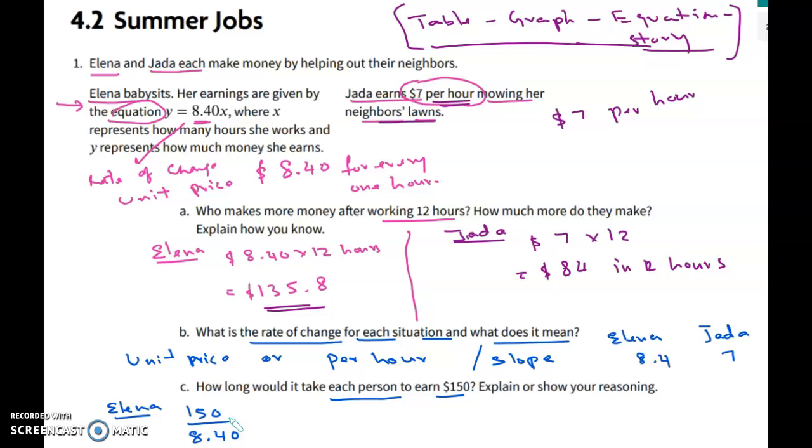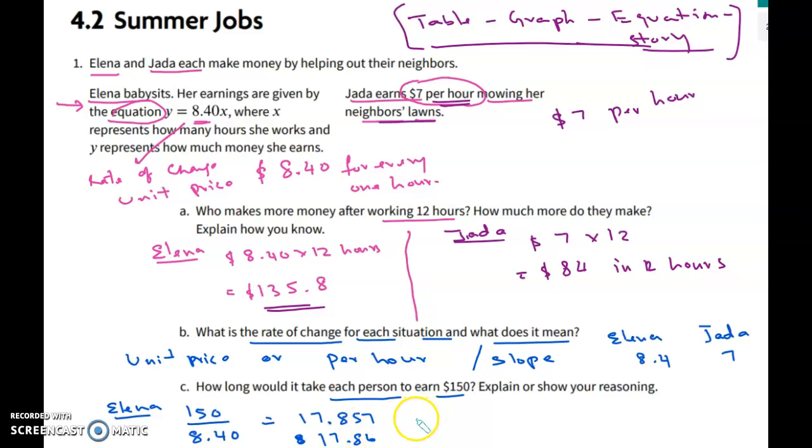Let's divide this so we can see how long it's going to take. It's 17.85, so roughly 17 hours and some minutes.